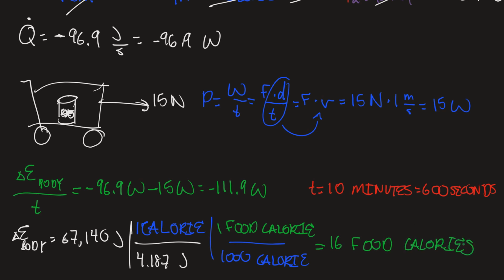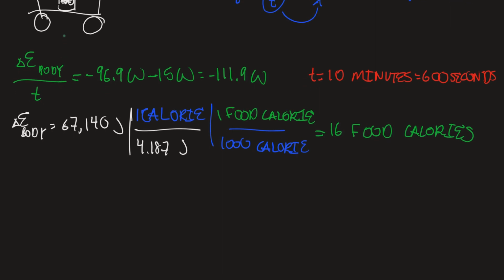Now I just searched online, and a can of black beans contains about 387 food calories.